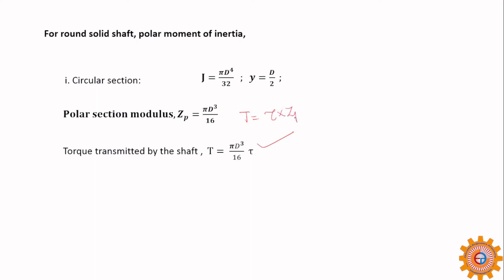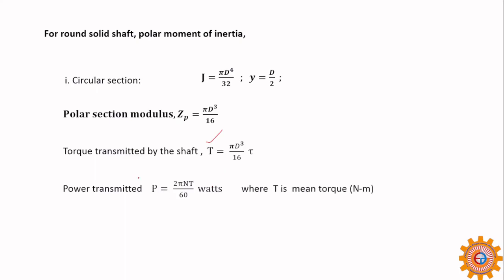If you know the torque, you can get the power transmitted, that is 2 pi n T by 60, where n is the speed in rpm. You will get watts, and here the torque is the mean torque. That is very important.